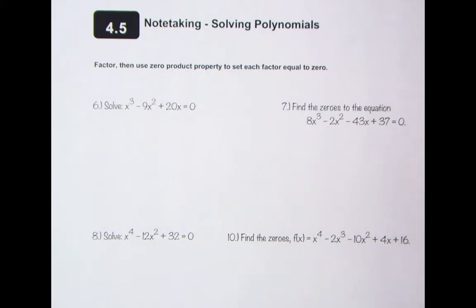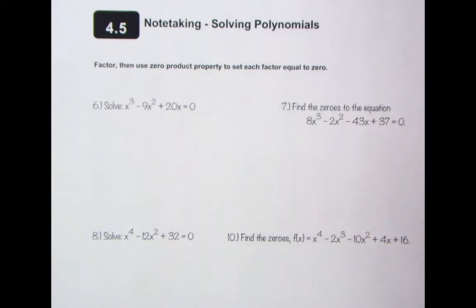Step one, we need to find one of our solutions to run synthetic division. So in the first step, we plug our equation into the y equals in our graphing calculator and find one of our whole number solutions. The key is that it has to be a whole number solution.